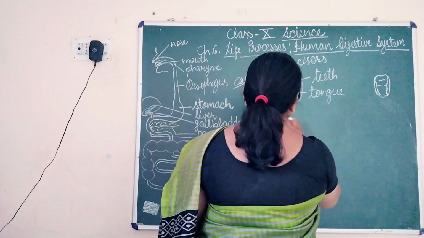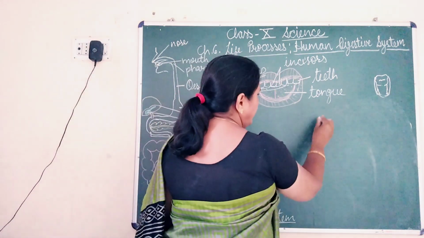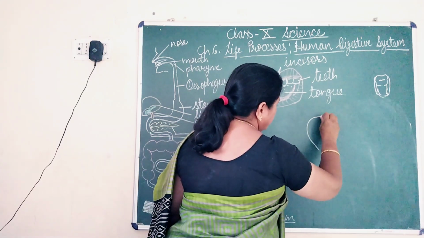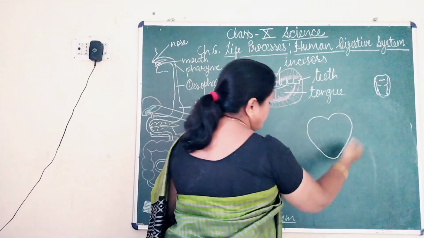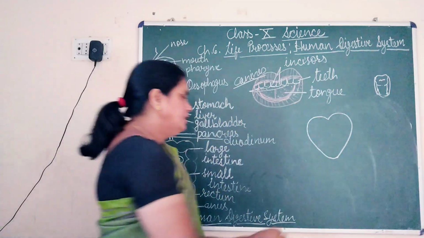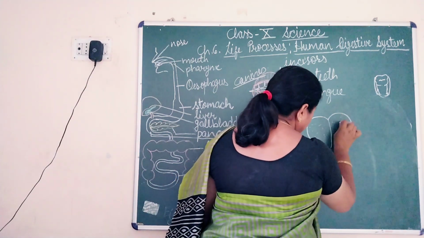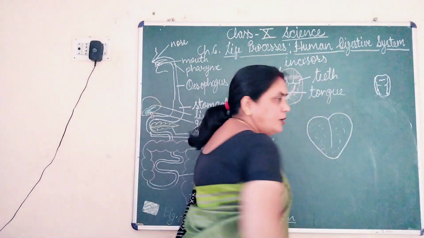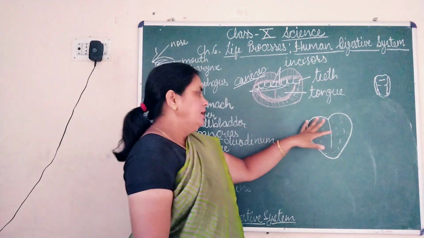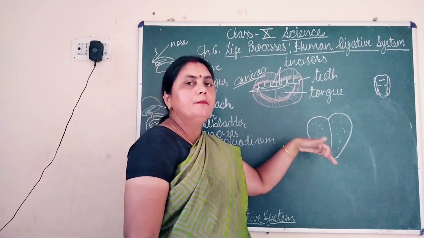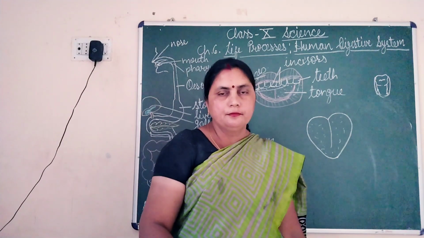Now we come to the tongue. Children, this tongue is a muscular and thick organ which is stretched in the bottom of the buccal cavity. From its posterior part, that is from the back side, it is fixed into the floor of the buccal cavity.